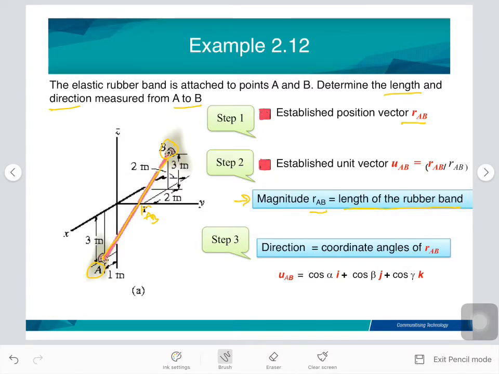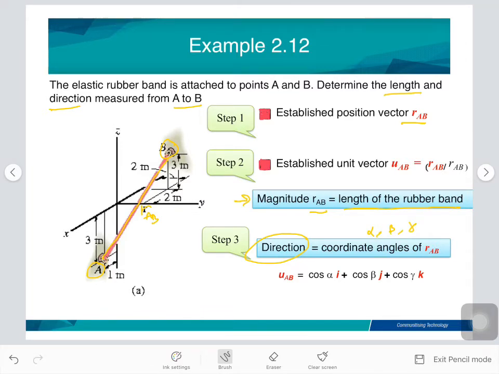Next, the direction measured from A to B can be determined by the coordinate angles of RAB. Coordinate angles means alpha, beta and gamma.